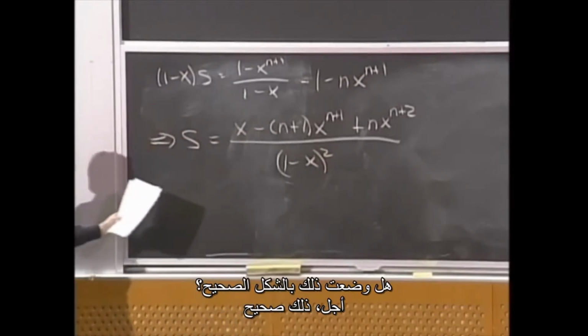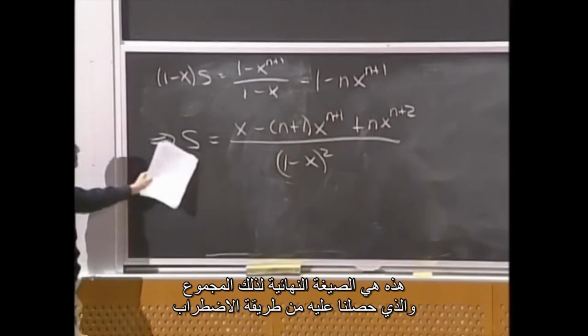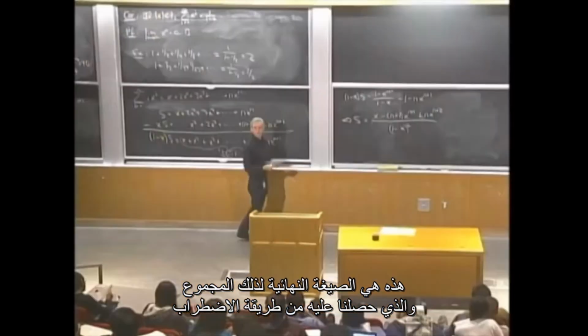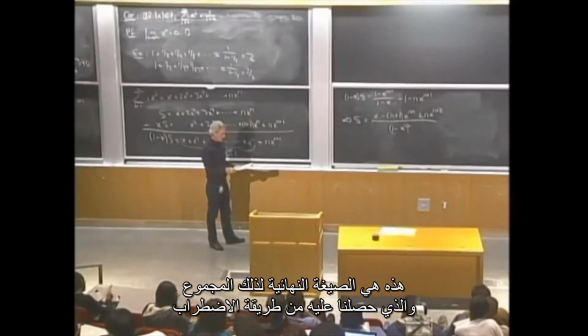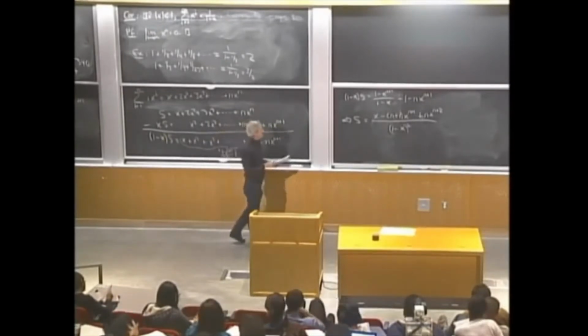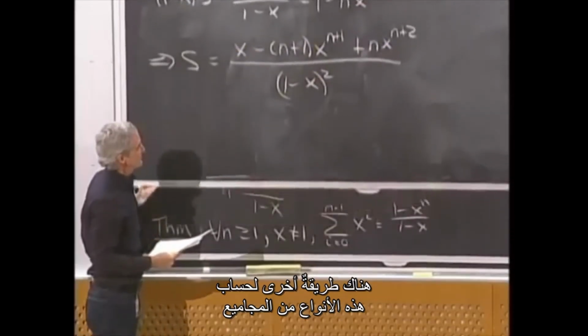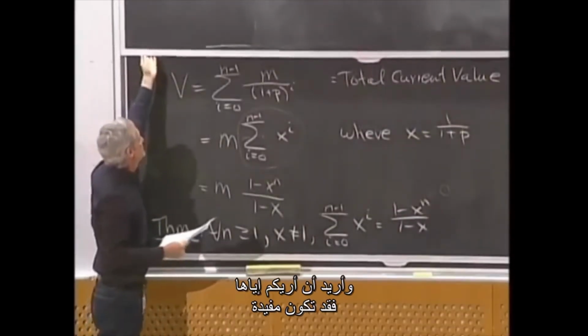Let's see if I got that right. Yeah, that looks right. Okay, so that is the closed form expression for that sum, which we can get from the perturbation method and the fact that we'd already done the geometric series. All right, there's another way to compute these kinds of sums, which I want to show you because it can be useful.